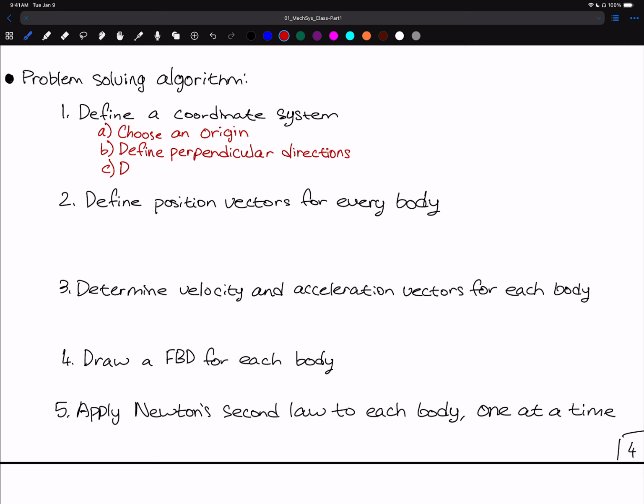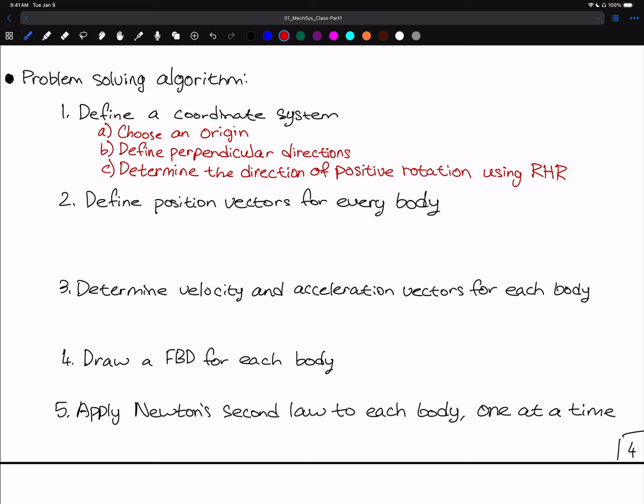Then we're going to determine the direction of positive rotation using the right-hand rule. For standard Cartesian coordinates, this would be counterclockwise, which is positive.